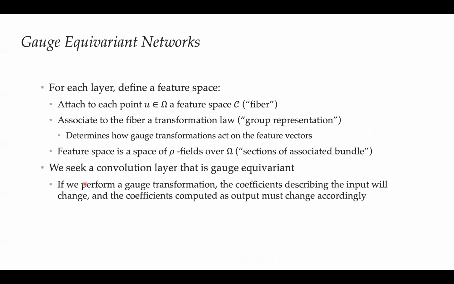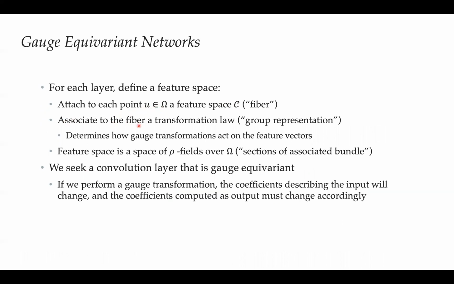So then here's the idea for gauge-equivariant networks. The mathematical setup is as follows. We define for each layer a feature space, just like in our blueprint. We have a domain omega and a feature space C, the fiber, that we attach to each point u in omega.